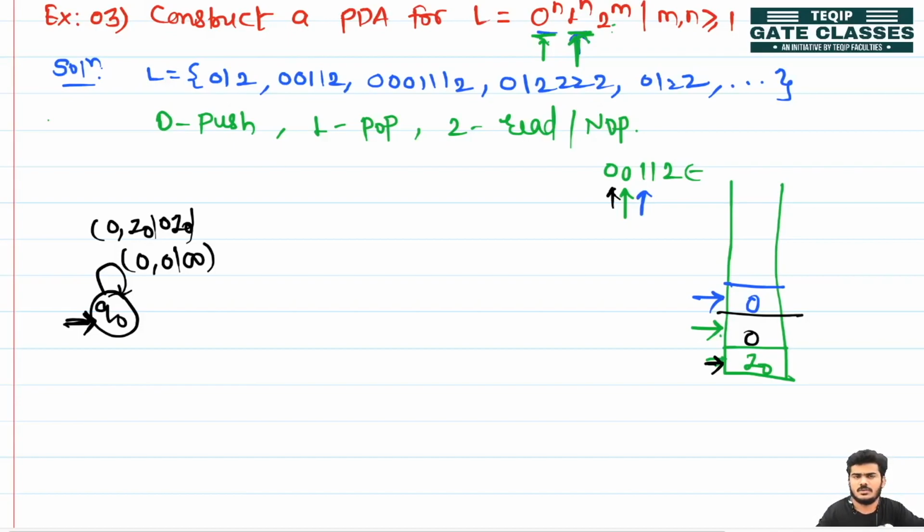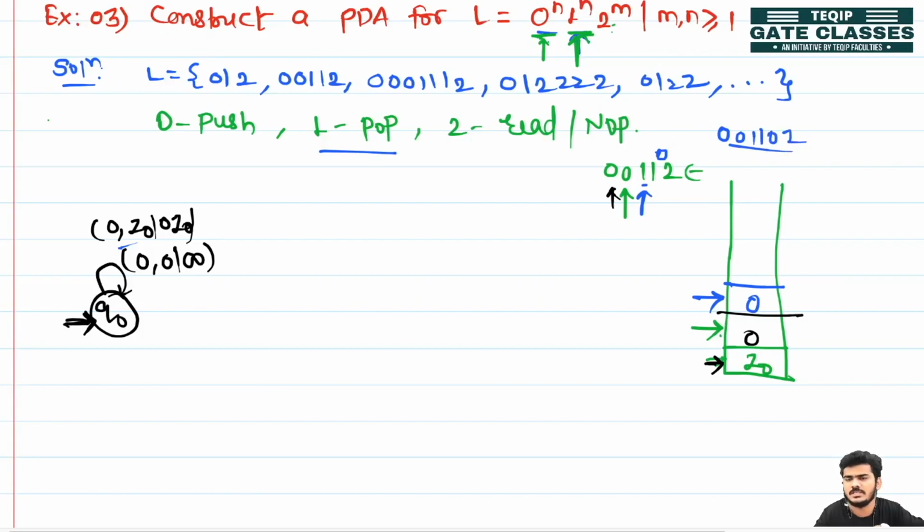Now I came to 1, and we know that for 1 we have to pop. Whenever I have to pop, I will change the state, because what happens if I do not change the state? If I do the same operation in this state, and after 1, 1 suppose 0 comes, it will do this operation again. But the language doesn't contain the string 0, 0, 1, 1, 0, 2.